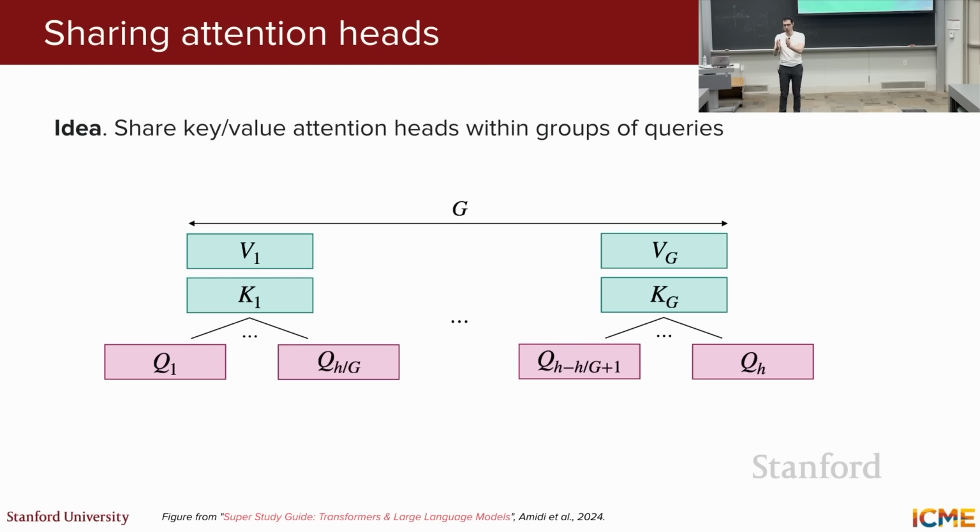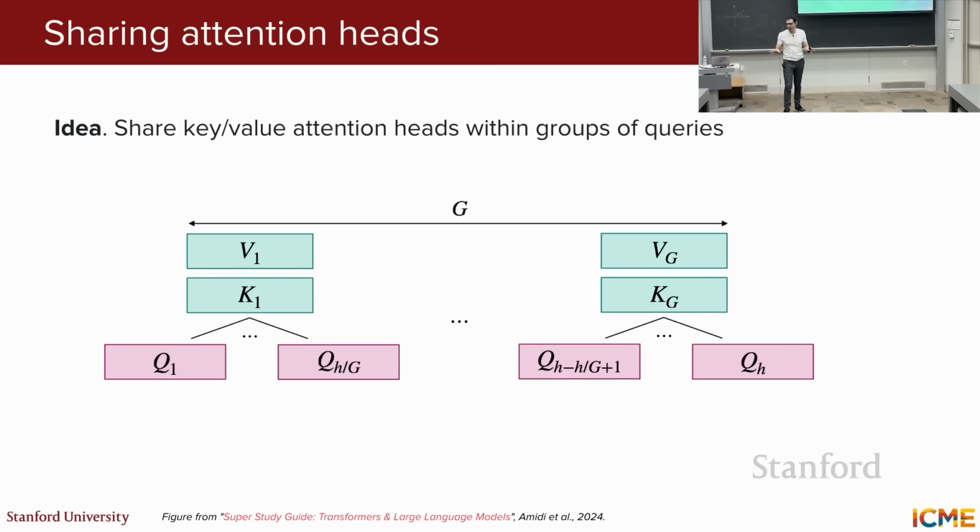We're going to see in the next lecture something called the KV cache, which basically saves the values of the keys and values. And one thing that we want is for that cache to not become too big. So if you share projection matrices across heads, it allows you to save a little bit of memory. That's the why.